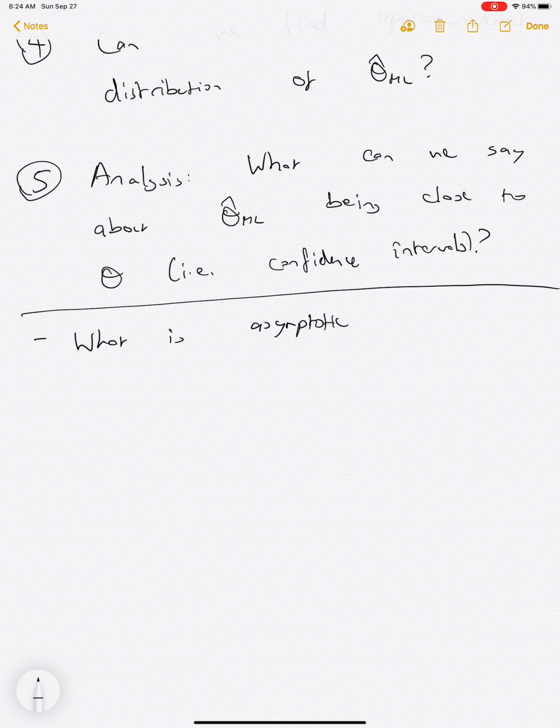I mean, it's a pretty general procedure. In some special cases, for example, if our data is normal, we can come up with exact distributions. We've already seen in this course that when your data is not normal, it's generally quite difficult to come up with exact distributions, and that's indeed the case here. So we're going to ask the question, what is the asymptotic distribution of theta hat ML? Okay.